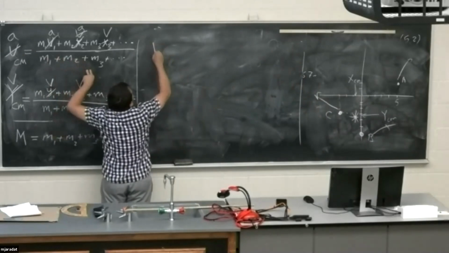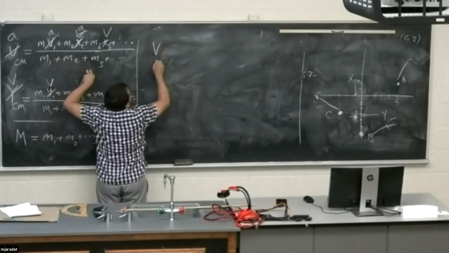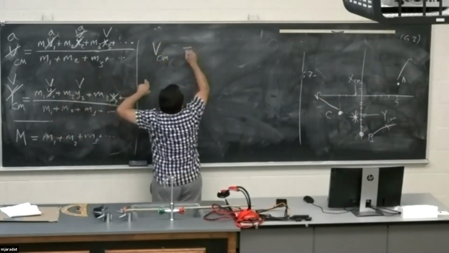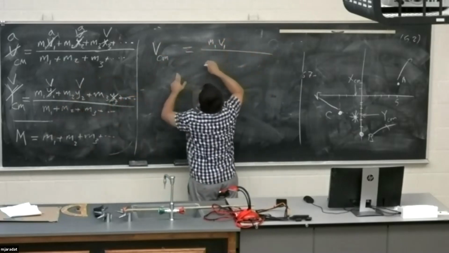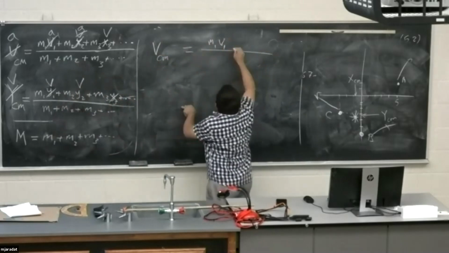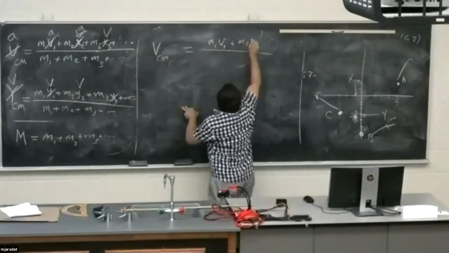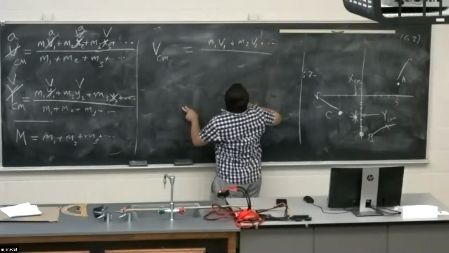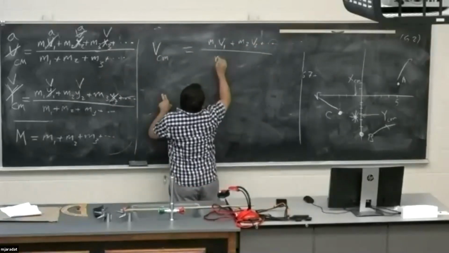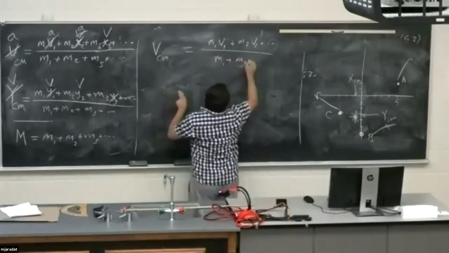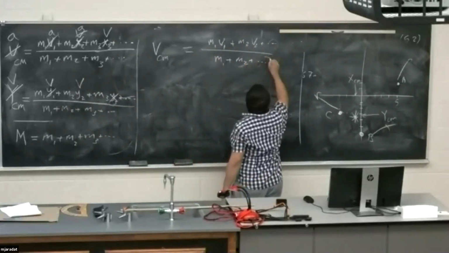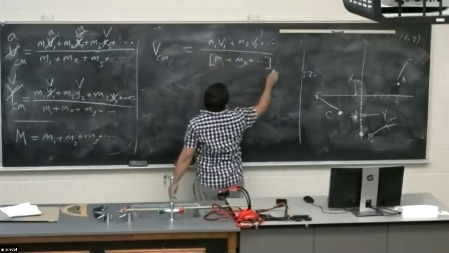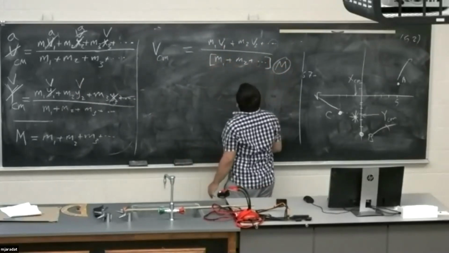For example, the velocity of the center of mass is equal to m1 v1, assume it's in the x direction, plus m2 v2, and so on, divided over m1 plus m2 plus everything. We said from before, this is the total mass of the system.